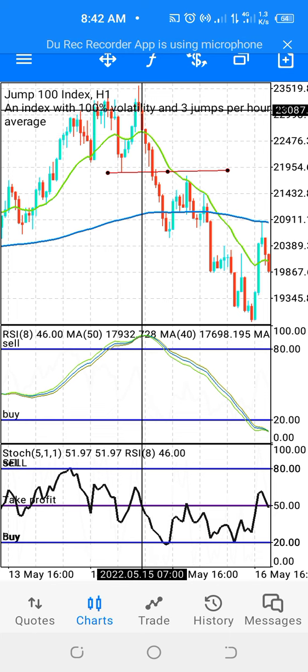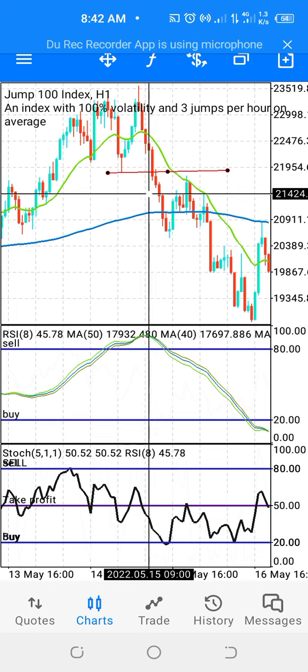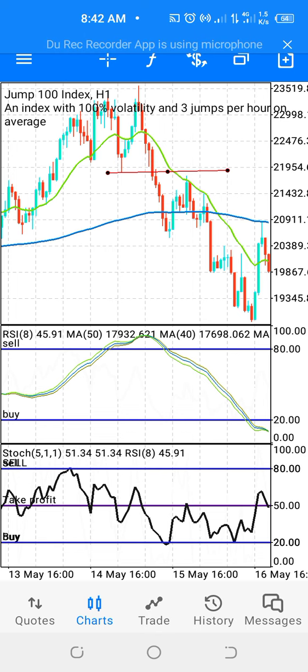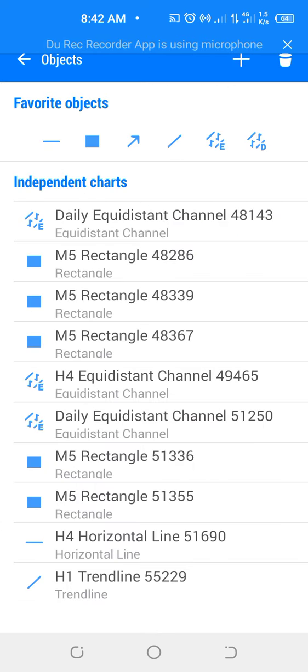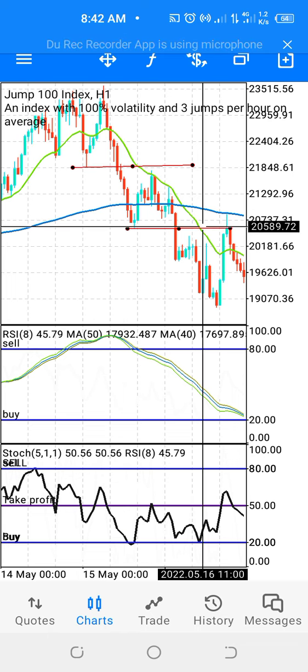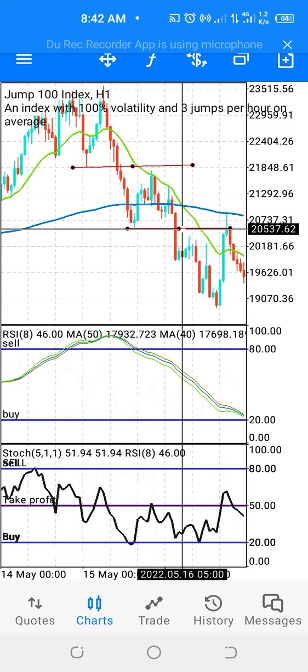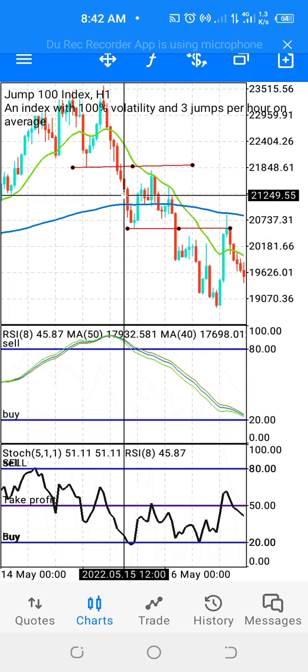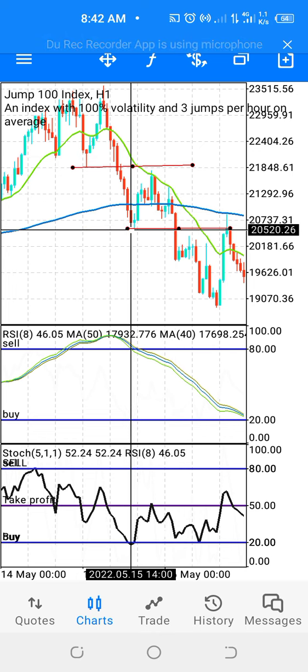So it means that I'll be expecting more down trade, lower lows and lower highs. So again, this is the low to where the wick is, and from this point I can say that this candle has broken the structure. We are going on. This is now the lower low.